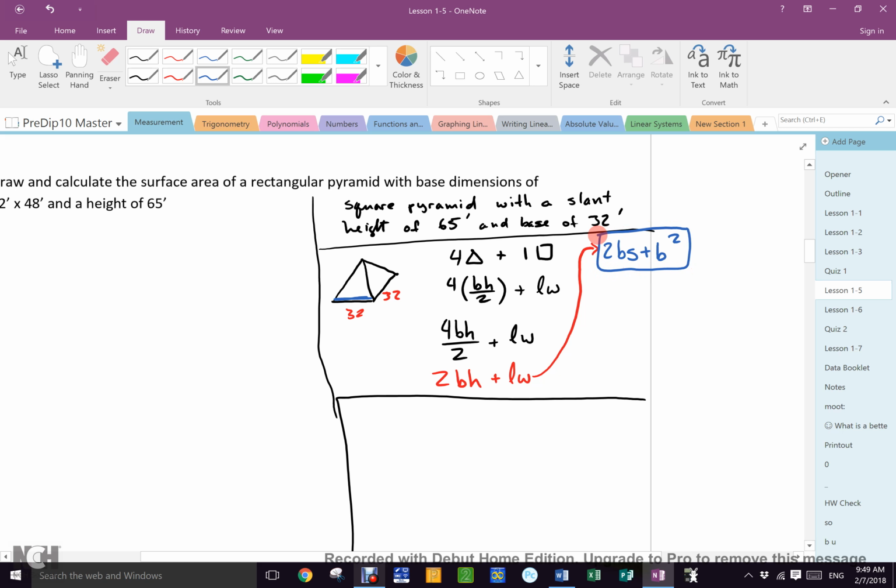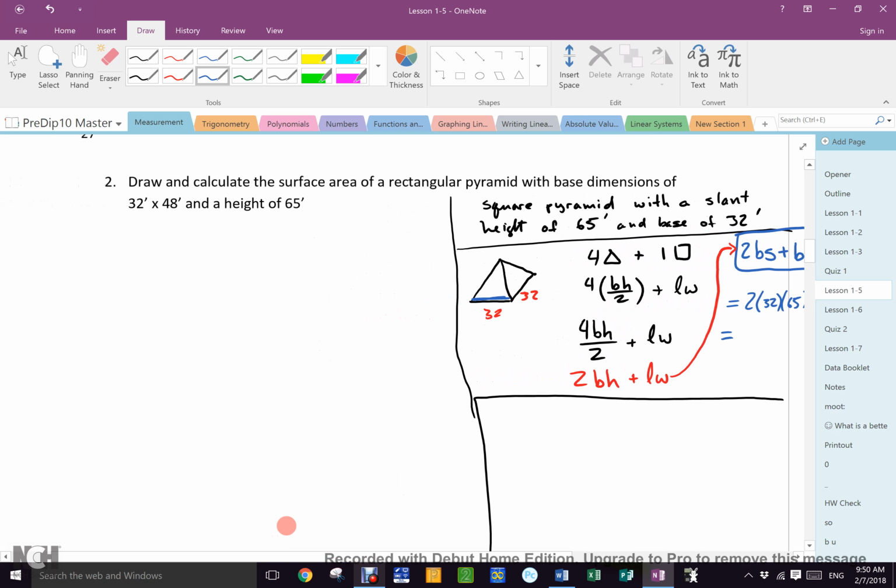That's how we build the formula if the pyramid is square-based. Everybody understand? So, of course, all you would do is fill in the answers: 2 times 32 times 65 plus 32 squared. And we would just do that math with our calculators, obviously. Is everybody cool with the square ones? Square ones are easy. There's a formula for it.